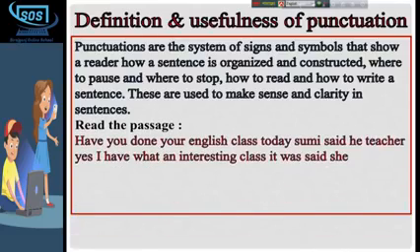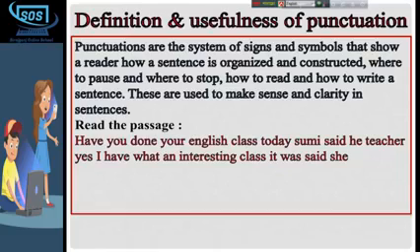Students, read the passage. I think this is quite impossible to go through the text. Why? This is because there are no punctuation marks and capitalization given in the text.